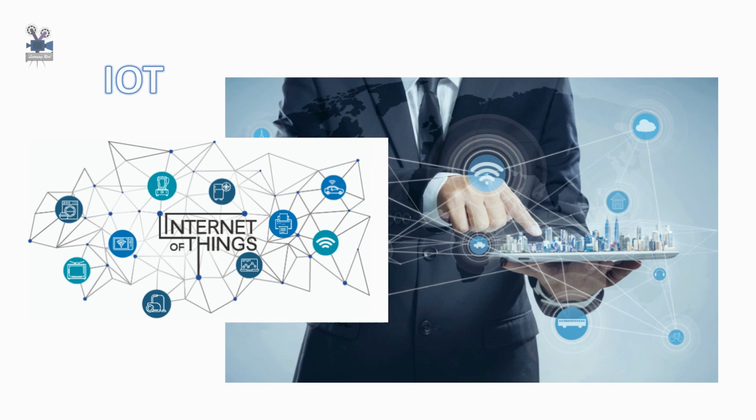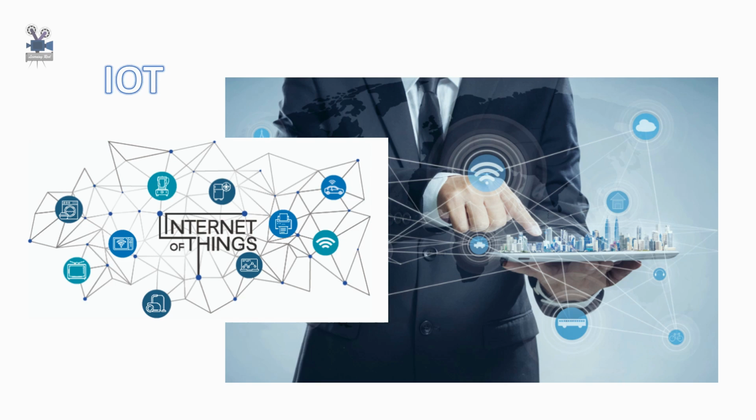IoT supports machine to machine communication, enabling devices to communicate with each other to provide faster, accurate, and timely data-driven results. In other words, the IoT is a system of interrelated computing devices, mechanical and digital machines, objects, animals, or people that are provided with unique identifiers and the ability to transfer data over the network without any human intervention.